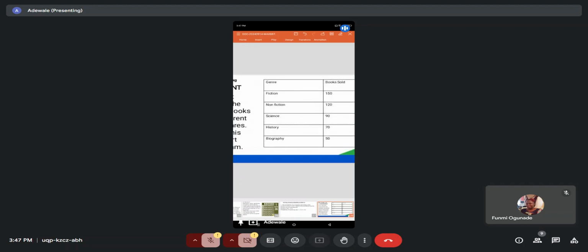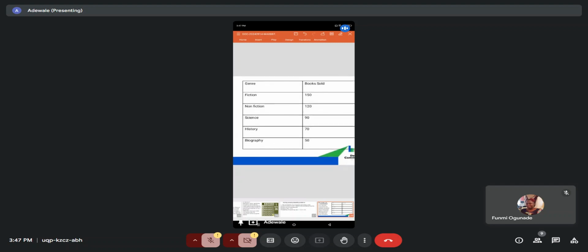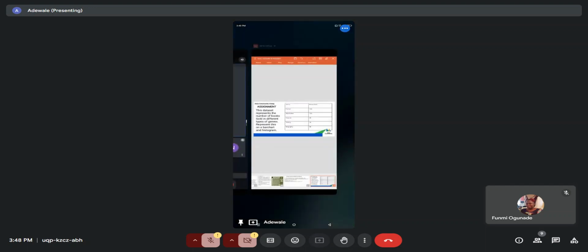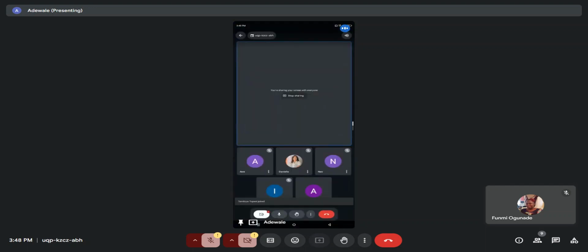So you are asked to represent this data set on a bar chart and also on a histogram. So that is your assignment. Later I will give the procedure on how to submit the assignment, but just know that this is the assignment that you have.